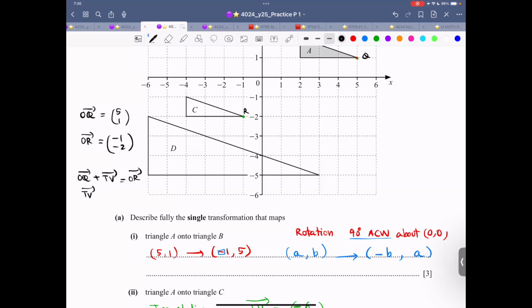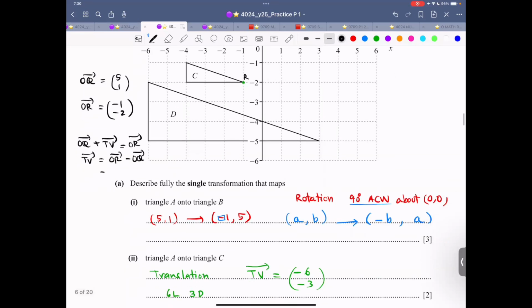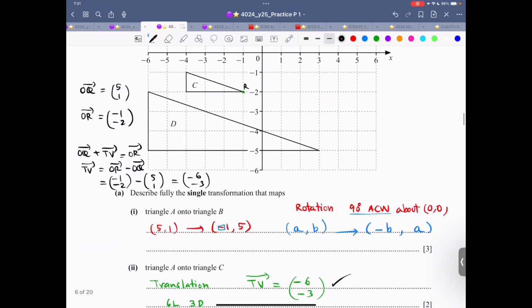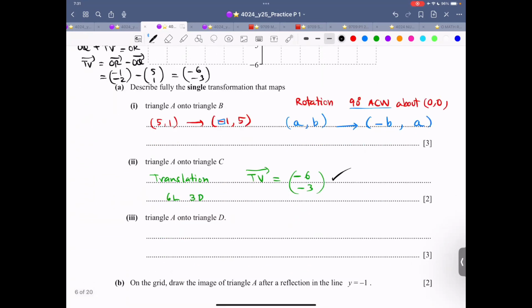Therefore, the translation vector is OR minus OQ. So (-1, -2) minus (5, 1). What do I get? -1 minus 5 is -6, and -2 minus 1 is -3. That is exactly the same thing as over here. So if you want to do the calculation, you can. Otherwise, direct is perfect.